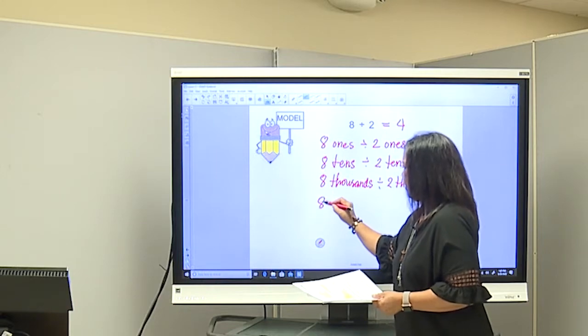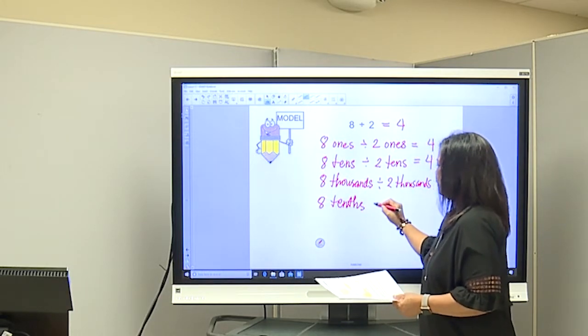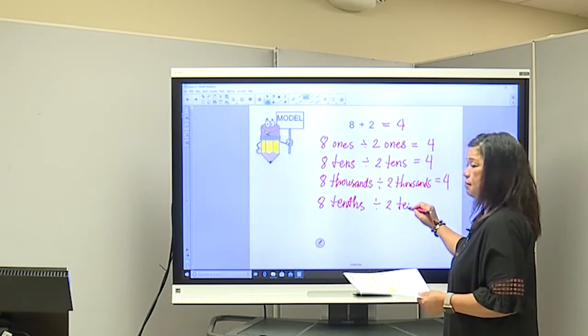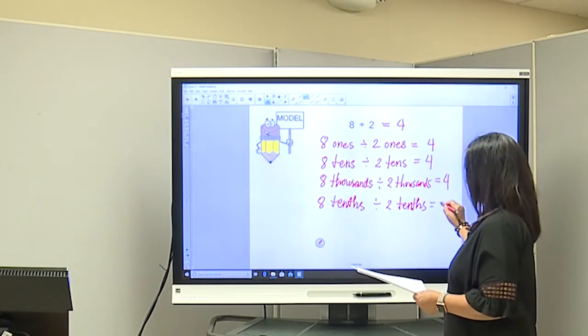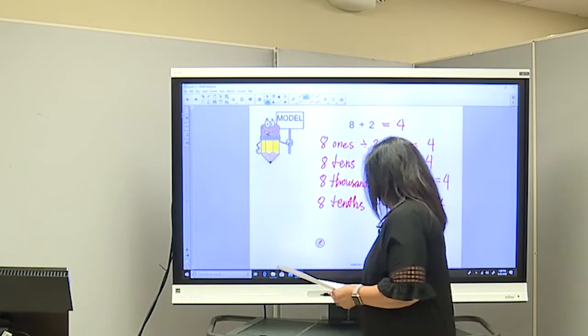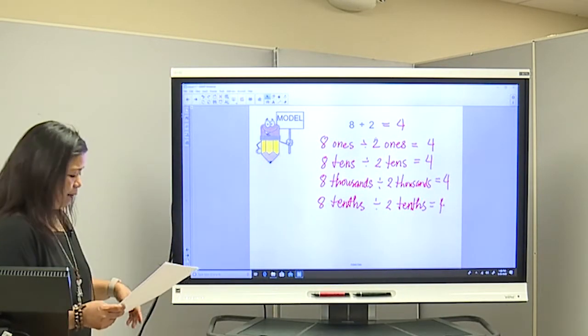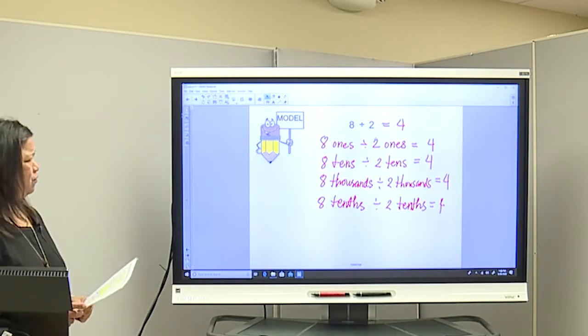Let's say 8 tenths divided by 2 tenths. What's the answer? Also 4. All right. Now, why do you think the quotient in these examples was 4? Why is it all 4?